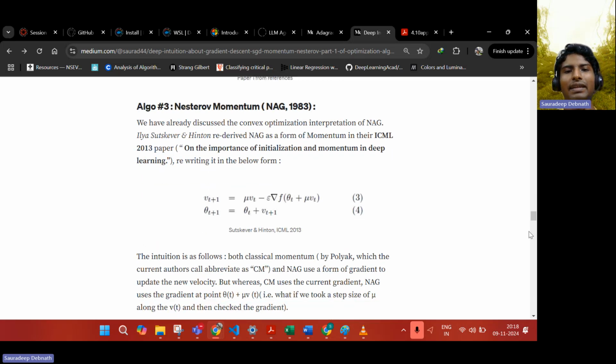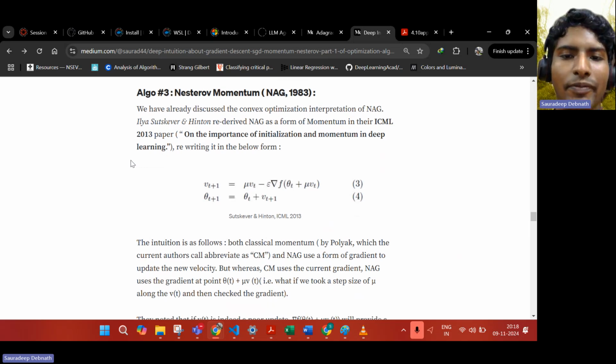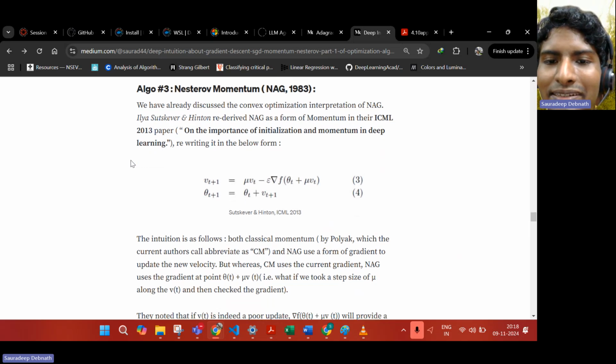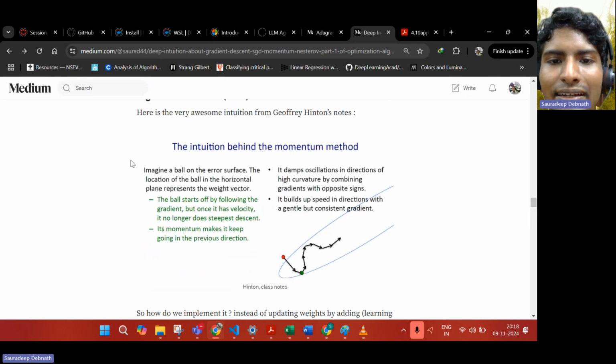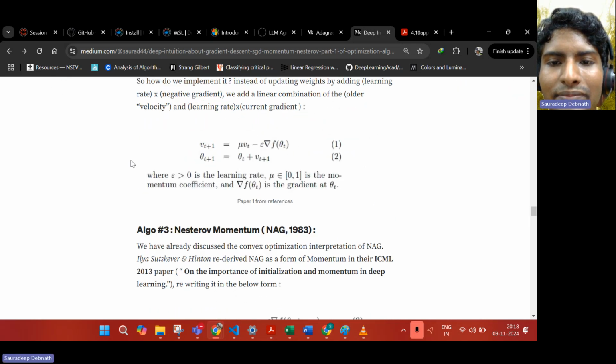But Hinton and Sutskever, who is the chief scientist at OpenAI right now, realized this Nesterov algorithm can be interpreted as a form of momentum. In momentum, we were adding the current gradient to the older estimates with some weight.